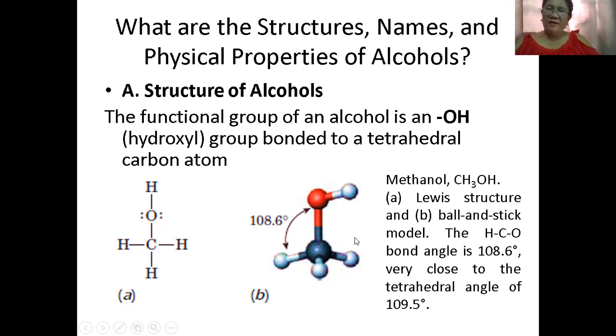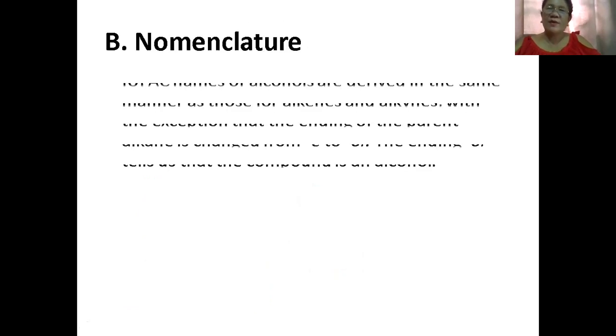The white ones there are the hydrogens, and the red one here is the oxygen. And this angle here is 108.6 degrees. This is close to tetrahedral. Tetrahedral has an angle of 109.5 degrees.